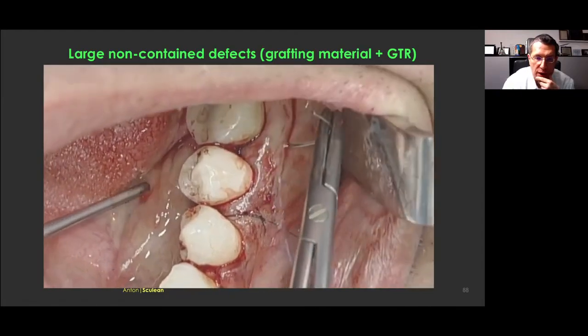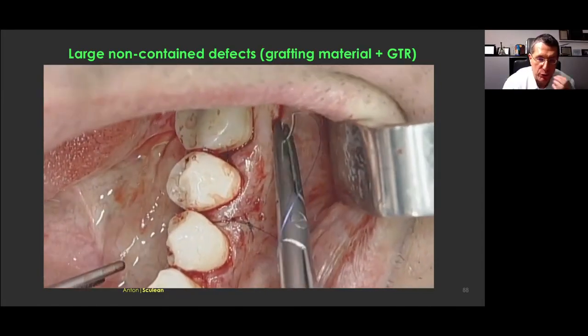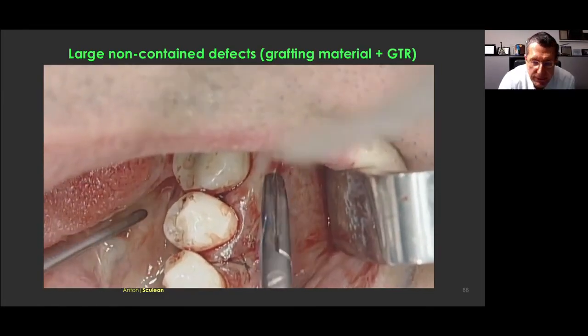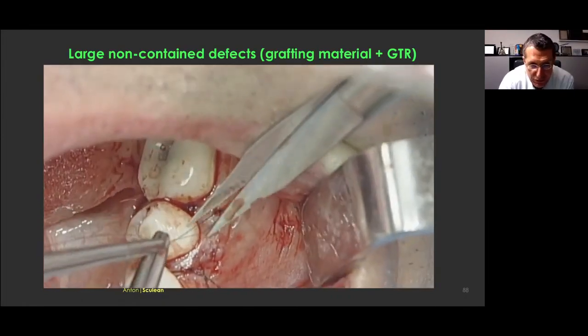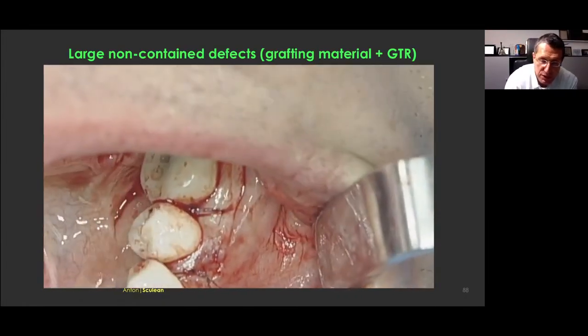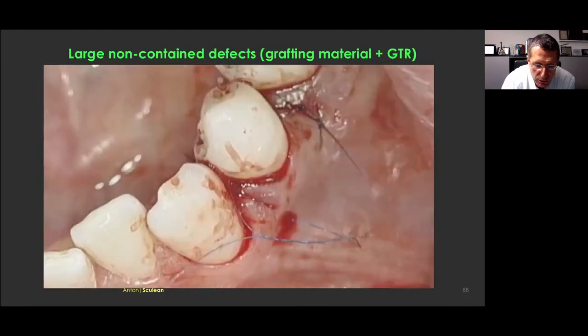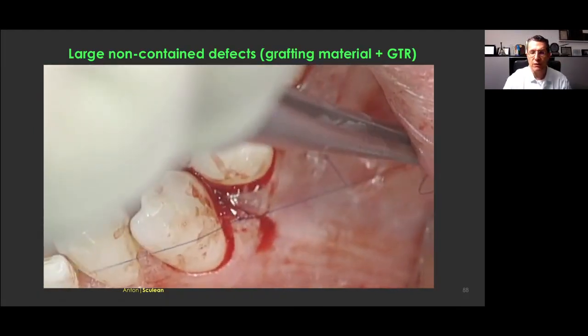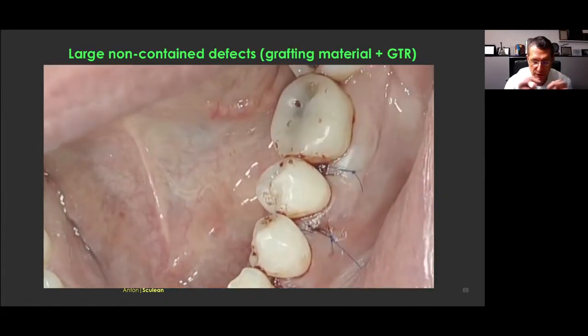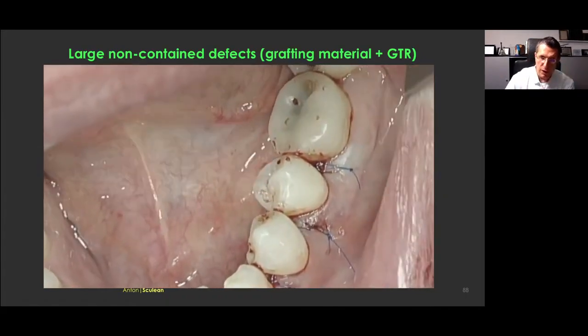Okay, so this is the approach that I use, and by using this surgical technique, you don't need to use pins. Okay, you don't have to pin the membrane to the wall. And as you can see here, we always work with the instruments. I don't use the fingers.